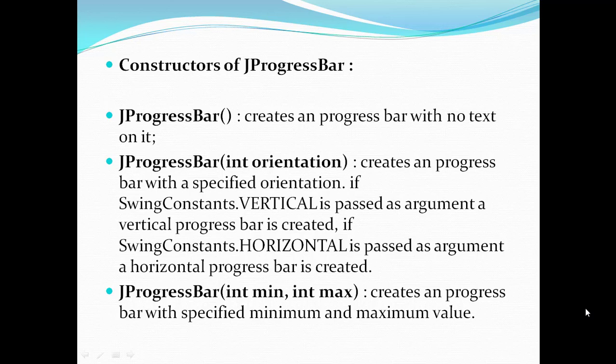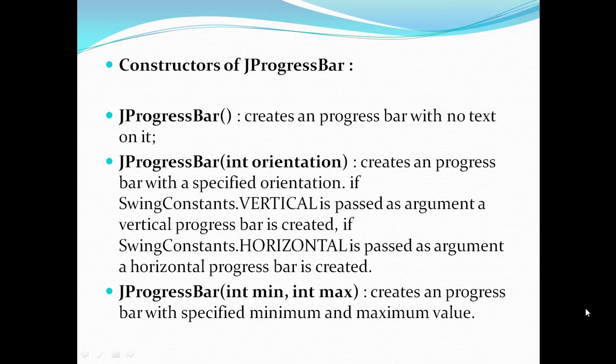Second constructor, JProgressBar(int orientation). By default, the progress bar created is horizontal. Suppose we want to create a vertical progress bar, then we need to provide the orientation parameter. It creates a progress bar with a specified orientation.